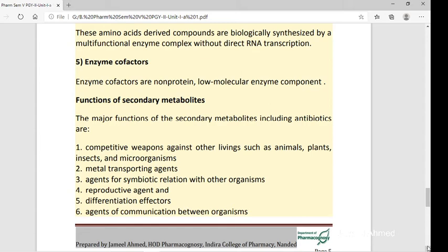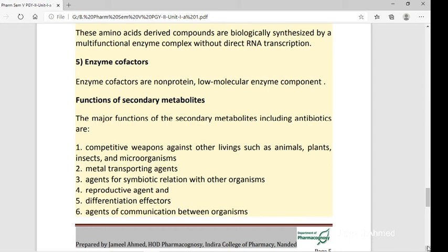Now, the second point is the functions of secondary metabolites. The major functions include, as I have discussed earlier in this topic, antibiotics. You know that antibiotics are products which are used to kill bacteria or microorganisms.